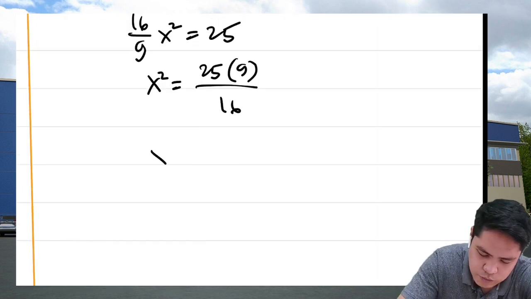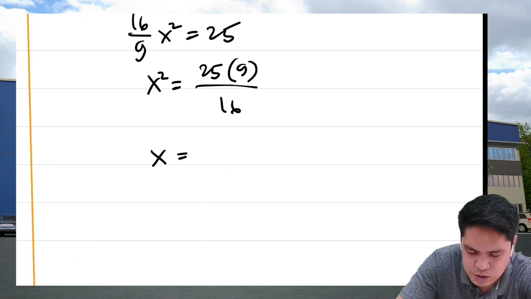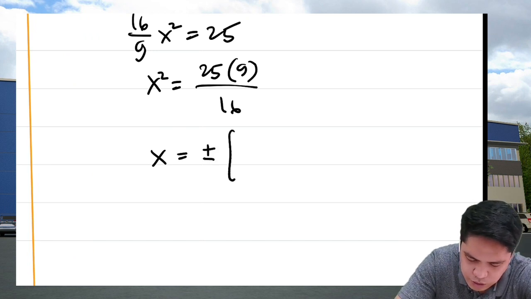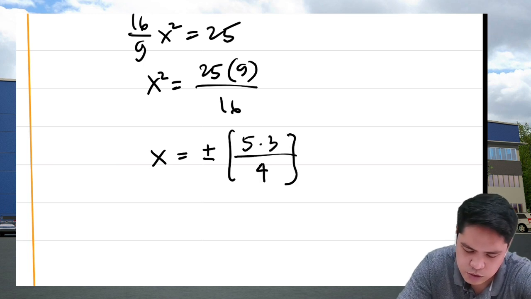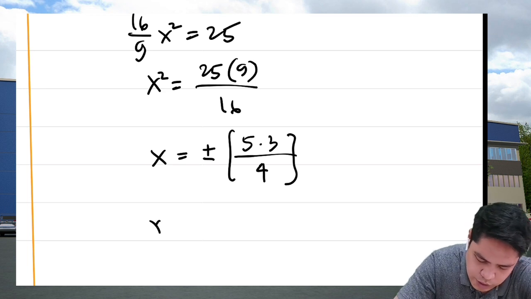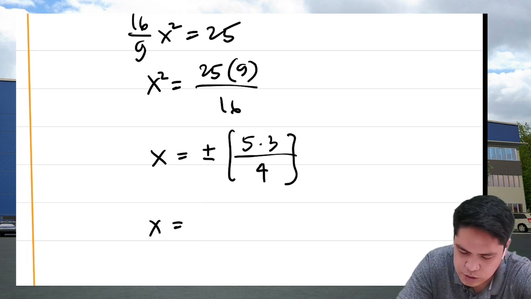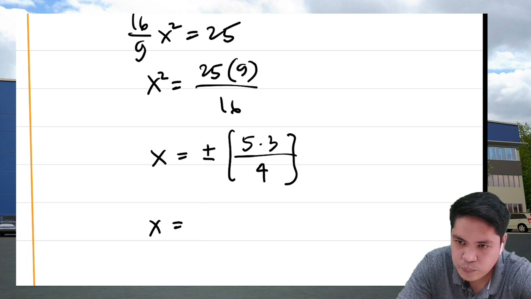Take the square root of that, x is equal to, actually that's positive, negative, no? Ito na lang, square root of 25 is 5, square root of 9 is 3 over square root of 16, which is 4. So our answer, x, is 15 over 4, right?